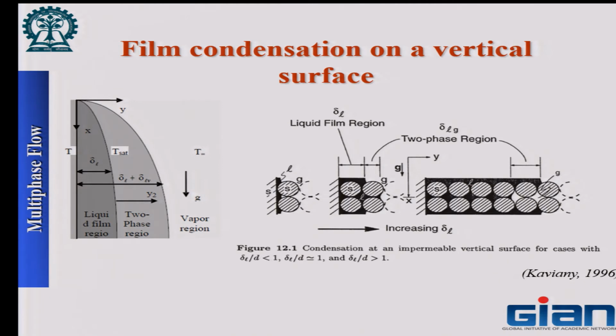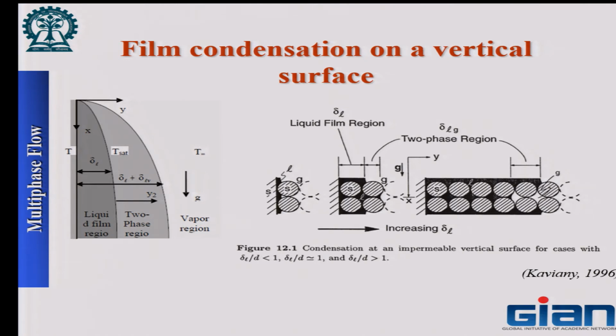Clear? Now, as a result, if we consider the last case, which is the most generic case where we can apply what we call the volume averaging approach, what we see is in the first region very close to the wall, you have a layer of only the liquid.